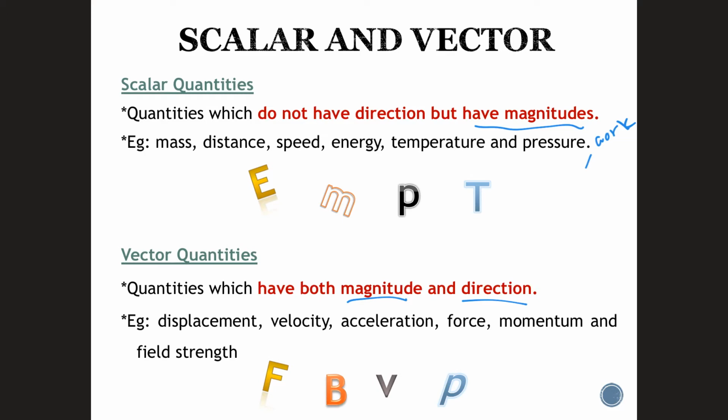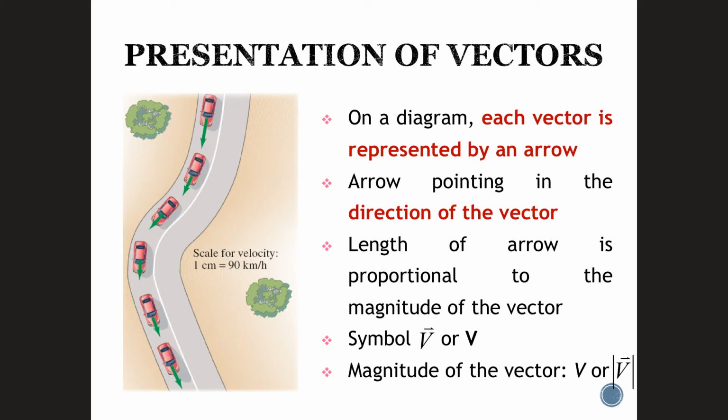So in front of you can see the picture where there's an arrow. The length of the arrow represents, yes, very good, magnitude. And then the arrow also represents the direction of the vector.